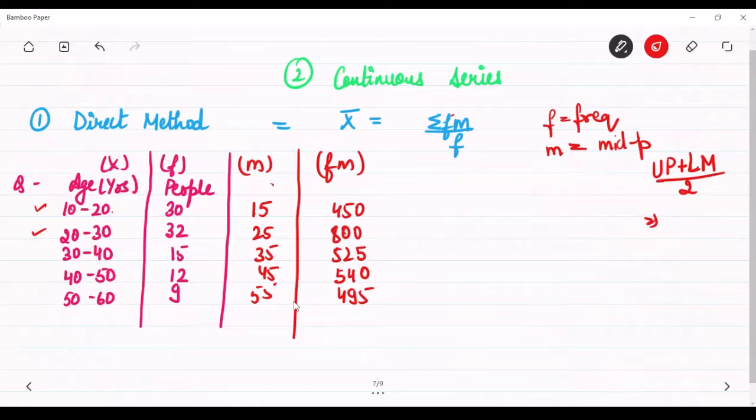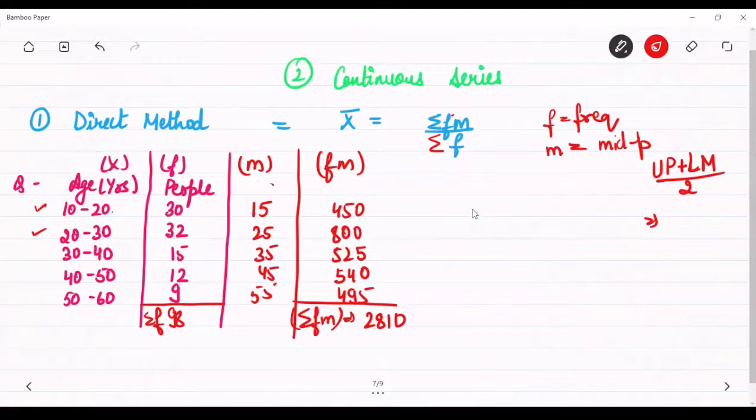Now we need to sum all the products or FM. Then we get 2810, and the other thing we require here is summation of F also, right? What is the summation of F in this question? It is 98.